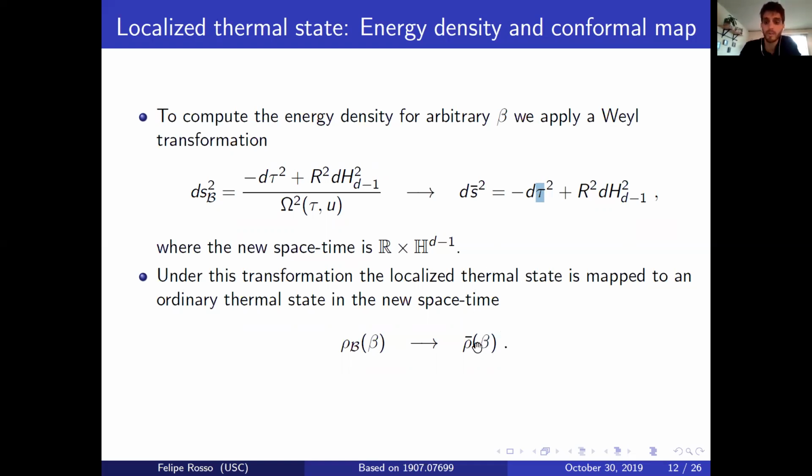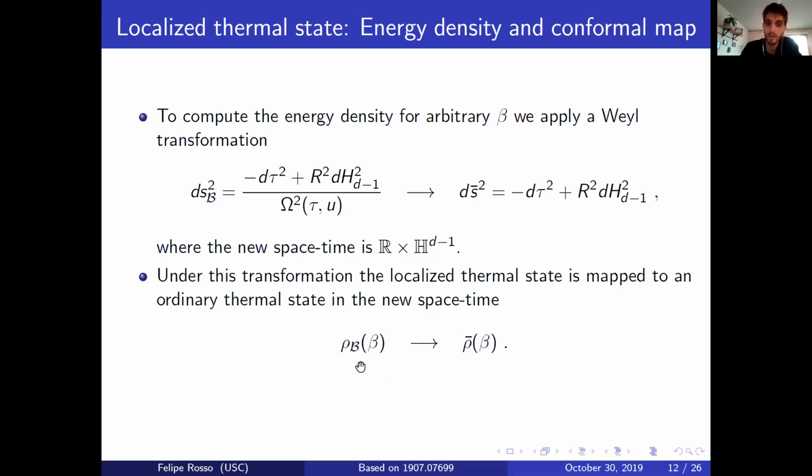What are the consequences regarding the state? The consequences are that this state that we have over here is now an ordinary thermal state, the exponential of the Hamiltonian of the field. And computing the energy density of a thermal state is much more standard than the initial computation that we were interested in.